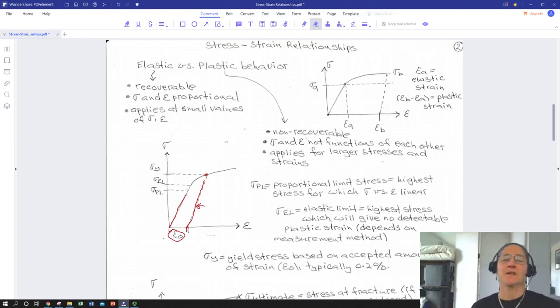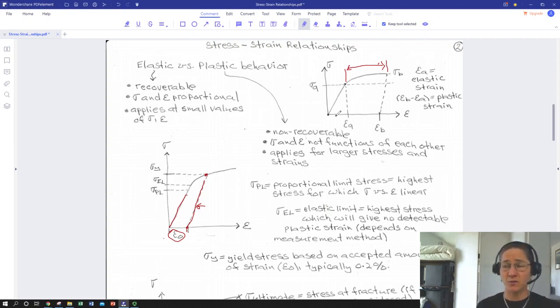Okay, so 0.2%, that's not a lot. So that's the whole limit of your elastic behavior. By contrast, ductile materials will experience a strain in the plastic regime of several tens of percent, sometimes 100% for a very, very ductile material.